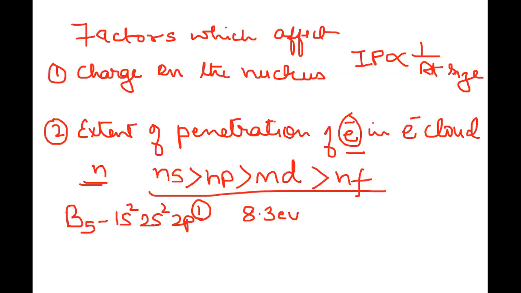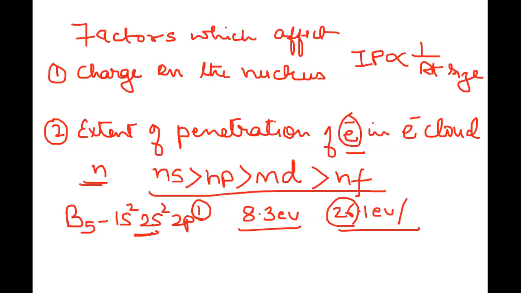Then the energy required to pull out an electron from the 2s is as high as 26.1 electron volts per gram atom, or whatever units you are using. You can see the marked change in how much the value is increasing. So this is one thing that we have to study.